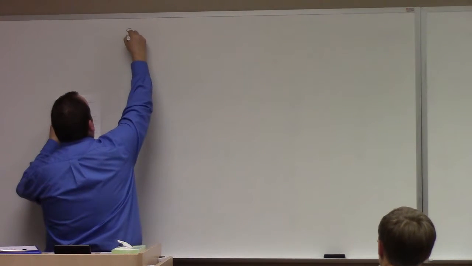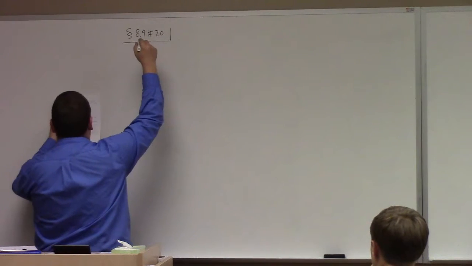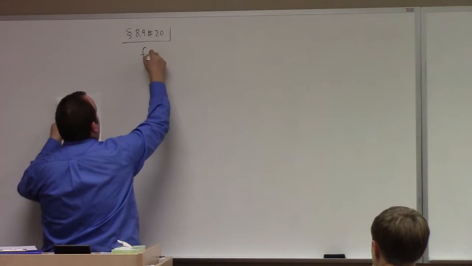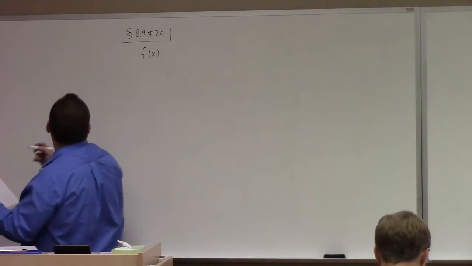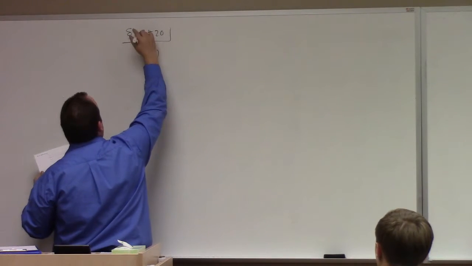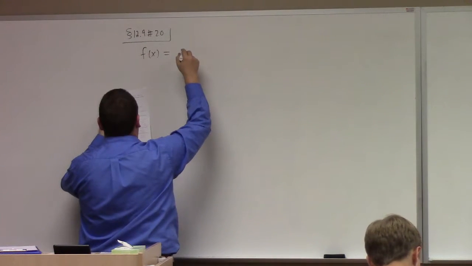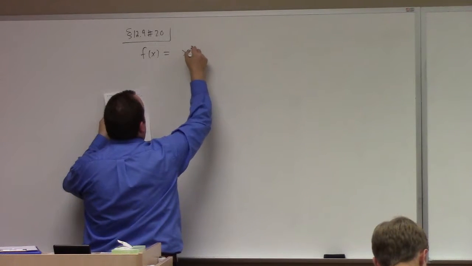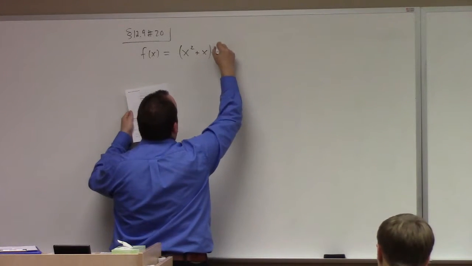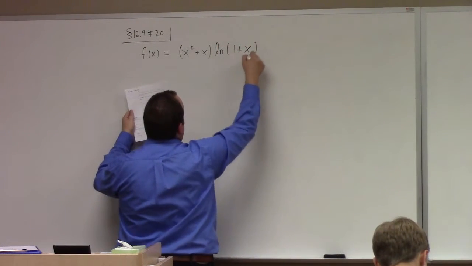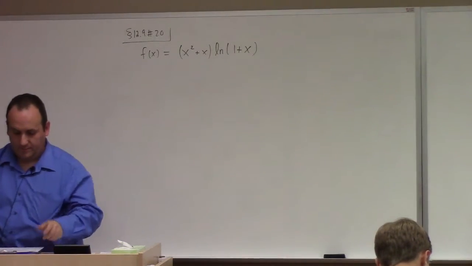So, let's see here. What's our f of x? F of x equals x squared plus x times the natural log of 1 plus x.